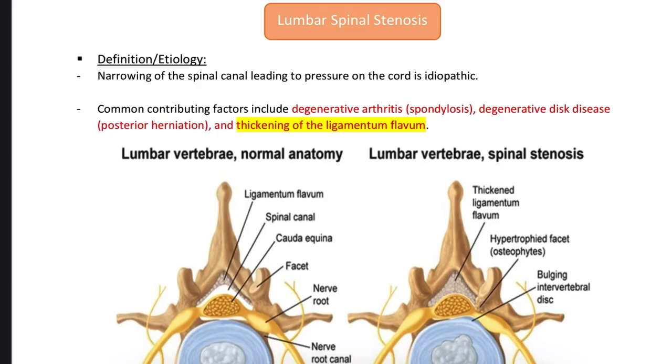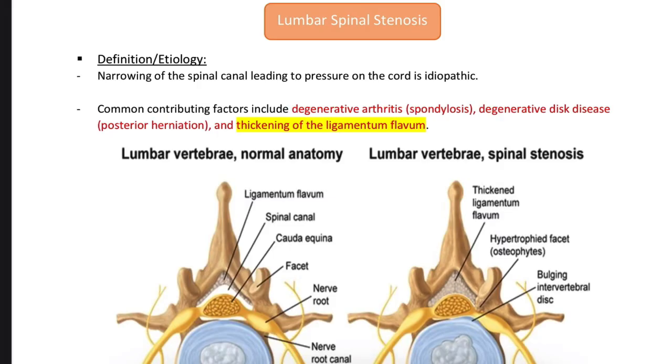We can see the normal spinal canal is spacious and allows free movement of nerve roots. In stenosis we can see ligamentum flavum thickening, facet joint hypertrophy, and the disc bulging posteriorly, so the nerve roots are compressed.